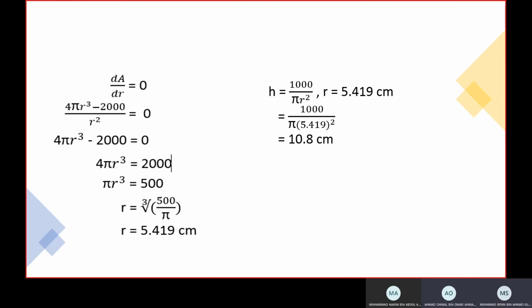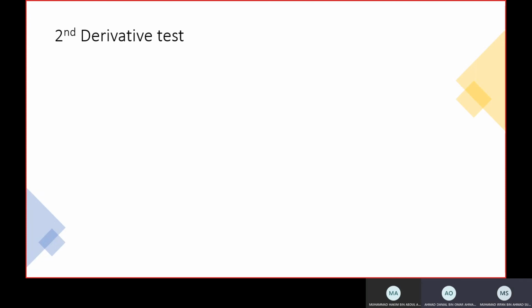For us to confirm the minimum or maximum value for r, let us take a look at the second derivative test. For this, I will give it to Hakim. Thank you, Hakim. Okay, thank you so much, Daniel, for your explanation. Now we will move on to the second derivative test.